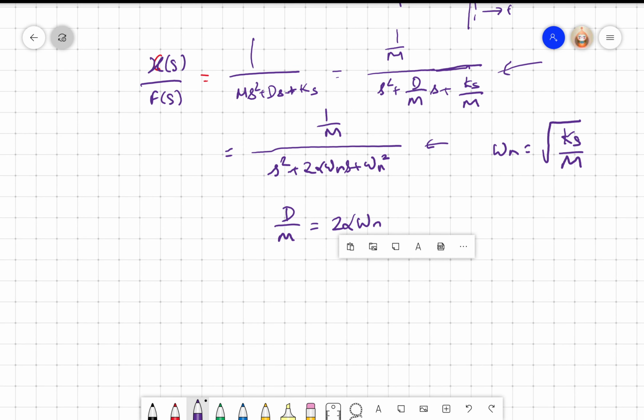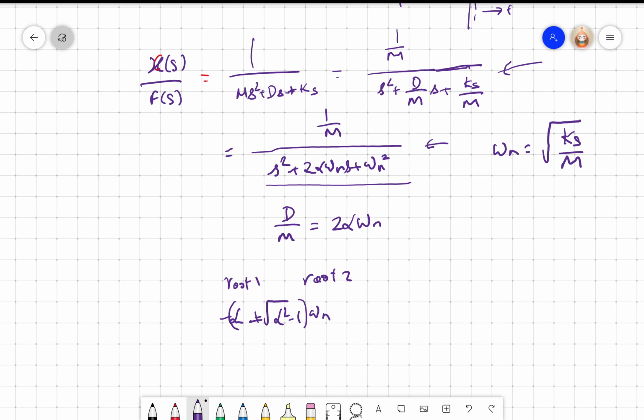So why did I do this? Because now I know this is a second order equation, and it depends on the value of alpha, right? If I look at this, it will have two roots, root 1 and root 2. Root 1, I call this minus alpha plus square root of alpha square minus 1, into omega n.